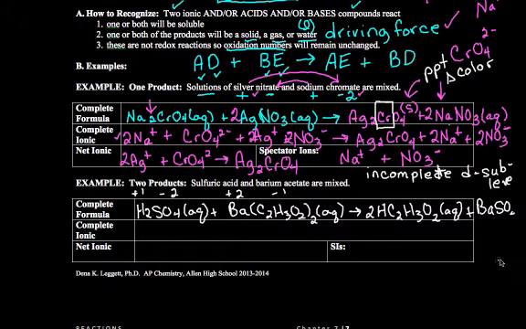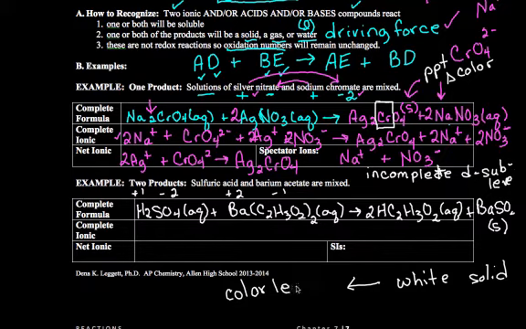Right? Now, this is not a group 1 metal, and it's not nitrate or acetate or chlorate. Those are your common soluble substances, so that's likely to be a solid. Okay? And since it's not a transition metal, it's likely to be a white solid. So white solids or white precipitates typically would form a colorless solution.